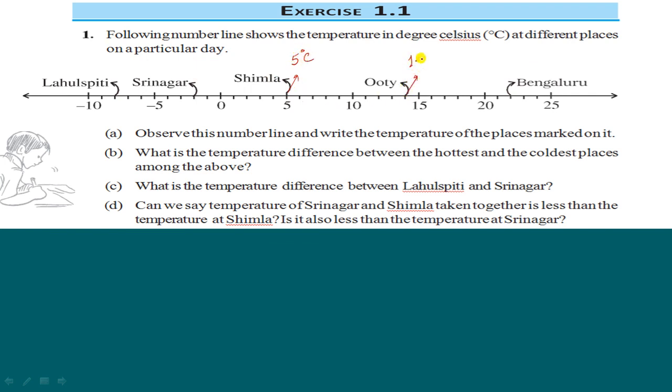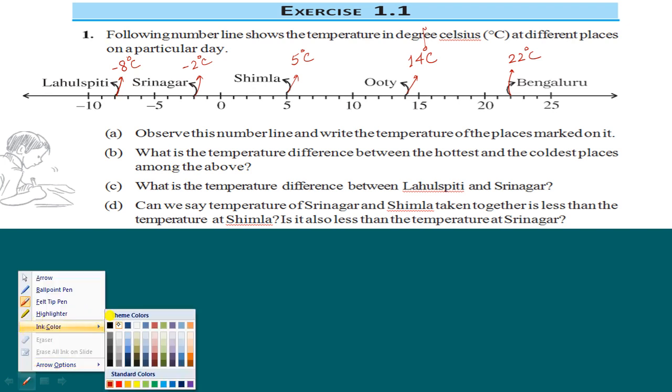The temperature of Ooty is 14 degrees centigrade. The temperature of Bengaluru is 22 degrees centigrade. Temperature of Srinagar is minus 2 degrees centigrade. And the temperature of Lahaul Spiti is minus 8 degrees centigrade.